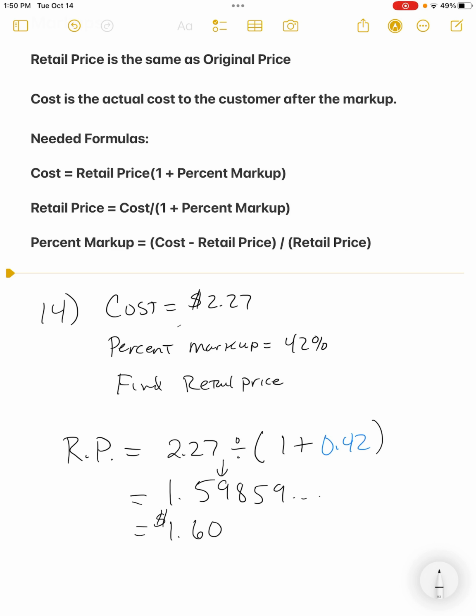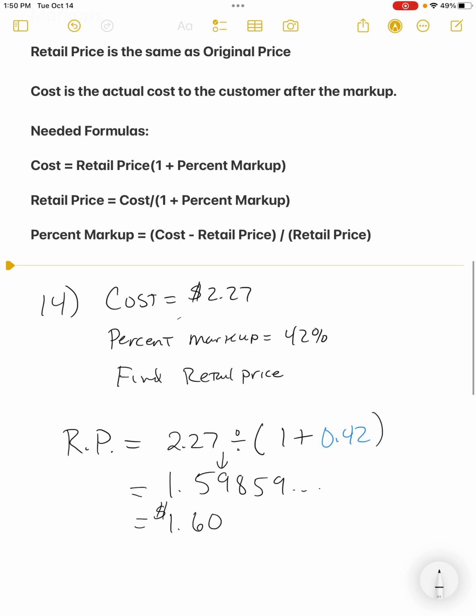So the original price of the item before the markup, what it cost us way back when, was $1.60. That was the retail price, but it's been marked up 42% because of inflation. So now for that same item, I'm now paying $2.27. Again, no different than the last ones. We're just asked a question, we find the right formula, and then we run the numbers.